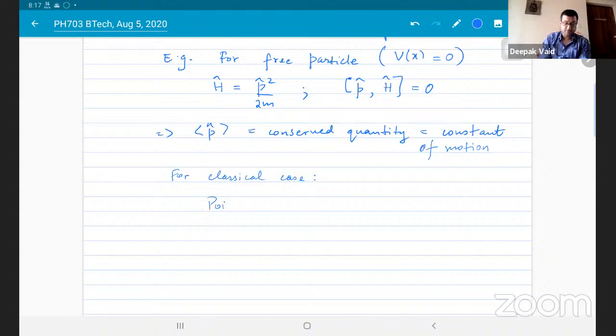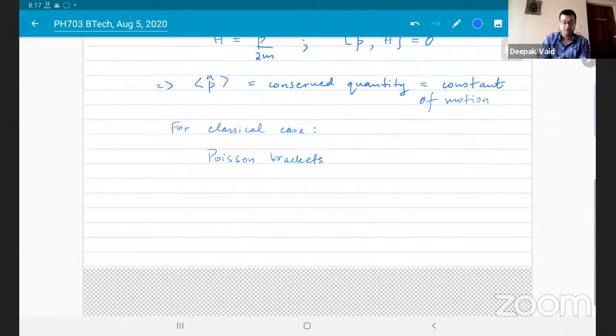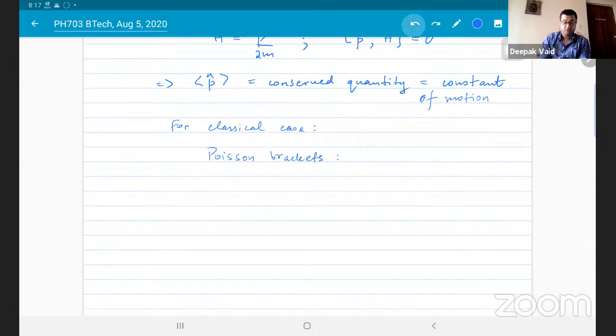We have Poisson brackets. This is one thing that I don't know how much you have learned in your undergraduate courses, because not all undergraduate courses properly teach classical mechanics, and you have this notion of Poisson brackets in classical mechanics, and in quantum mechanics, these Poisson brackets are replaced by commutators of operators.